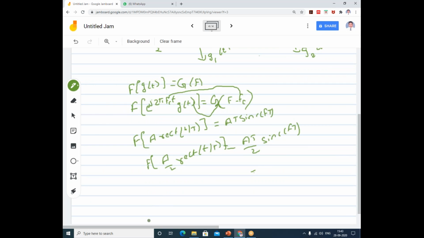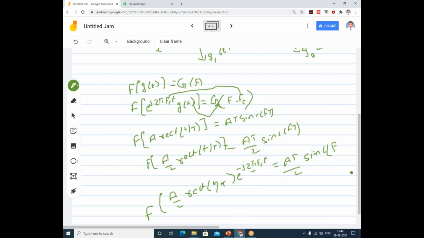When you write the Fourier transform of A by 2 rect of t by T into e power minus j 2 pi fc t, I can write it as AT by 2 sinc of, now f I can replace with f minus fc.